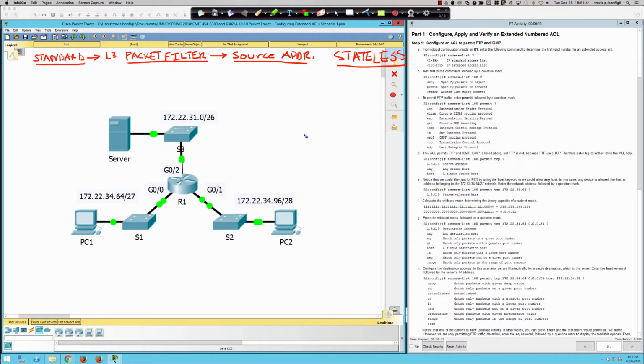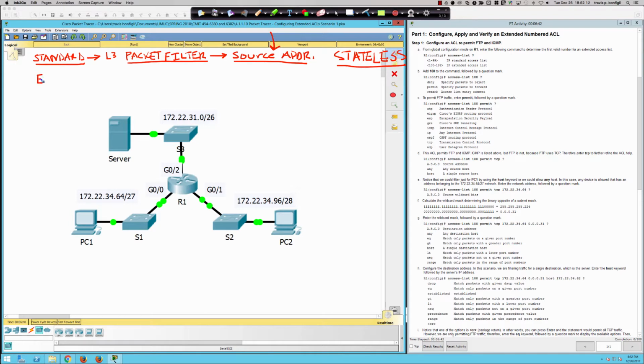All of those things for a conversation or a flow of information are not being tracked. That is stateless. It is not keeping any of the state information. It is simply looking at the IPv4 header, and it is looking at one thing in the case of the standard ACL, the source address. That is it. And that is a stateless activity.